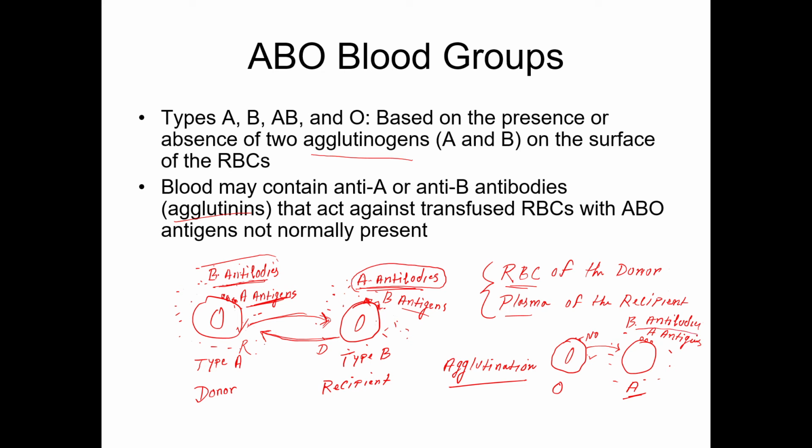So this antibody, whatever the antibody is, in this case antibody B, right, will not be able to get attached on the membrane because no antigen is in O. So O can be given to any other blood. So that is why O is called the universal donor.